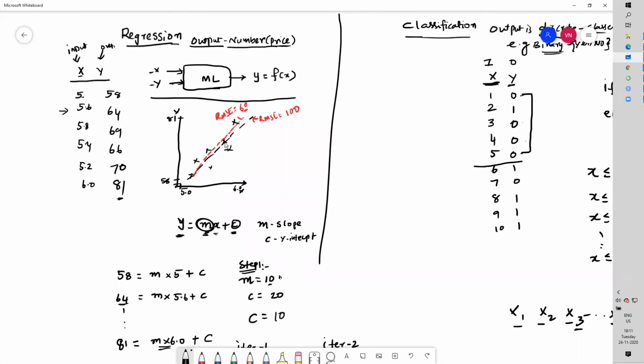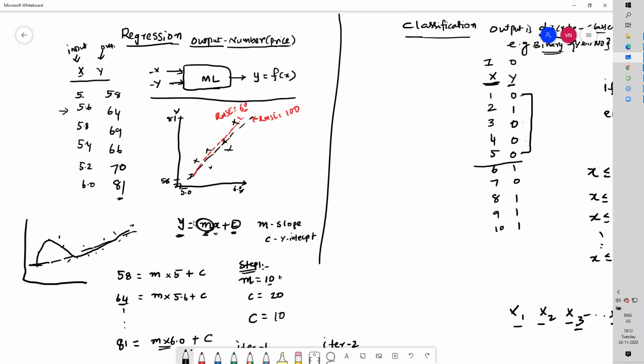What if your data points are like this instead of a linear line? Now, instead of a linear line, maybe something like this will be a better fit, better representation of your input and output. But your machine learning, because you are representing this in the form of a linear equation, will never learn like this. It would always try to learn a linear line like this.